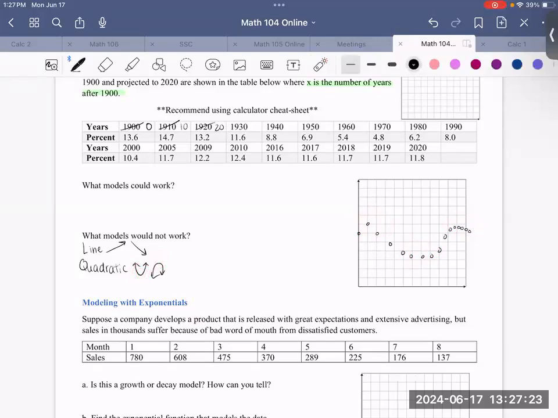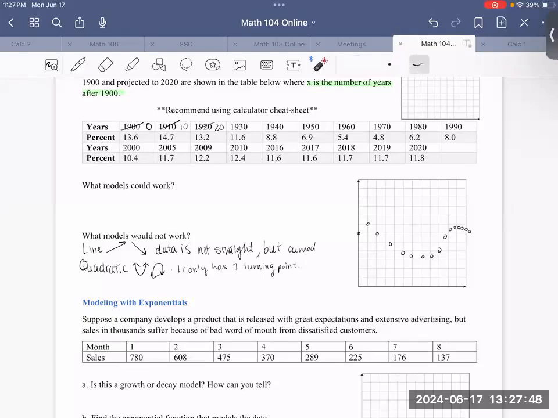So when we come up with a list of reasons why quadratic might not work: it only has one turning point, or data is not straight, but curved.